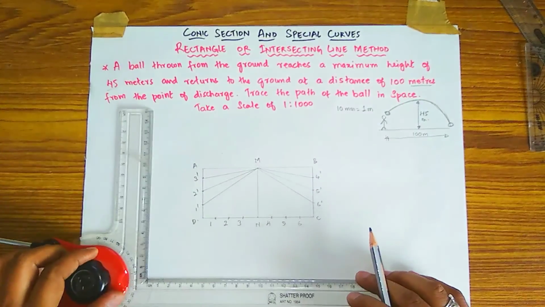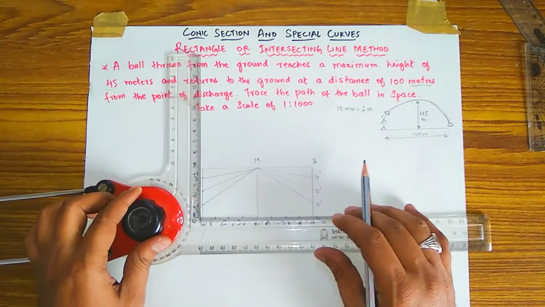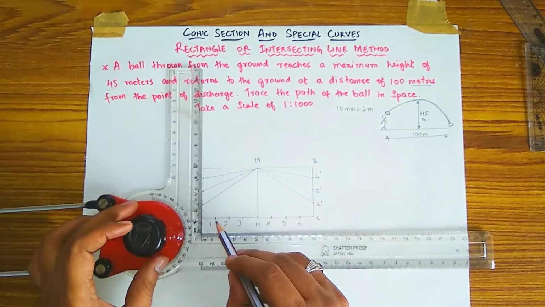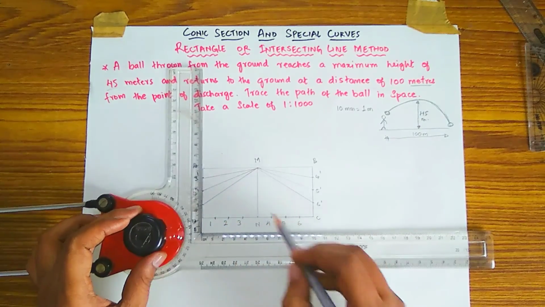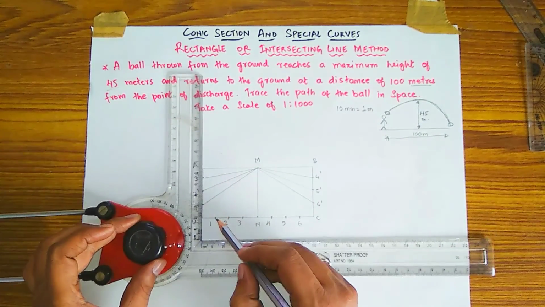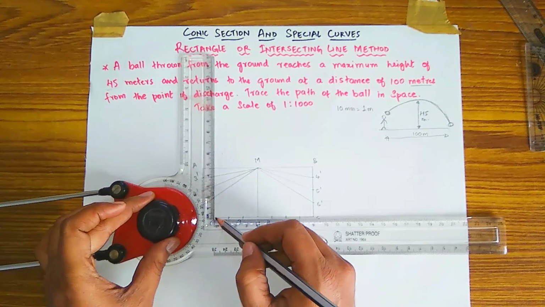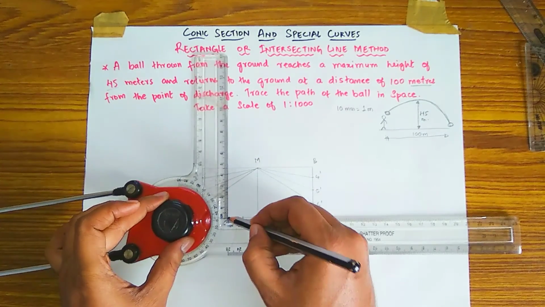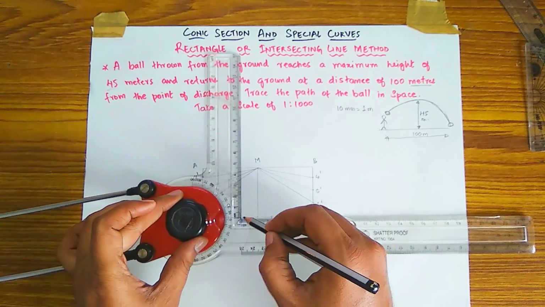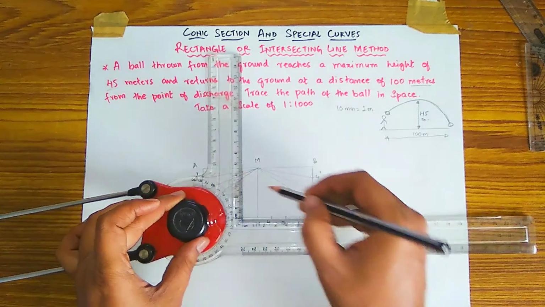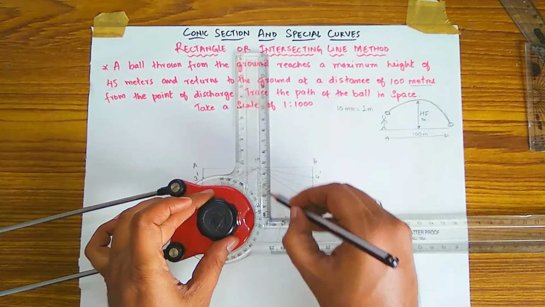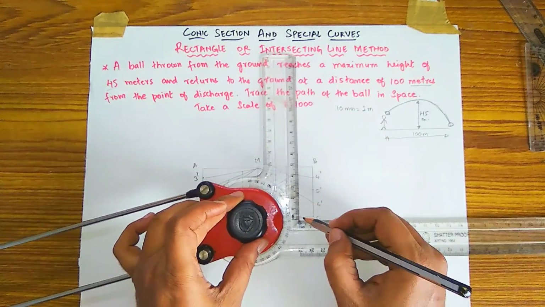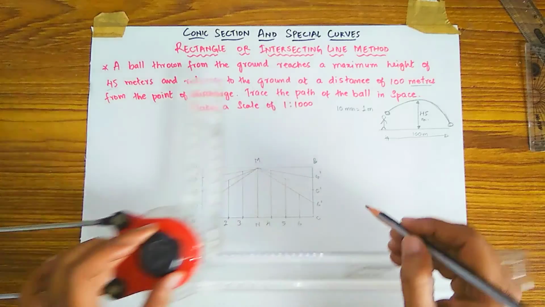Then from each of the points 1, 2, 3, 4, 5, 6, you have to draw the perpendicular lines: from 1 till 1 dash, from 2 to 2 dash line, 3 to 3 dash line, 4 to 4 dash line, and from 5 and 6 also.